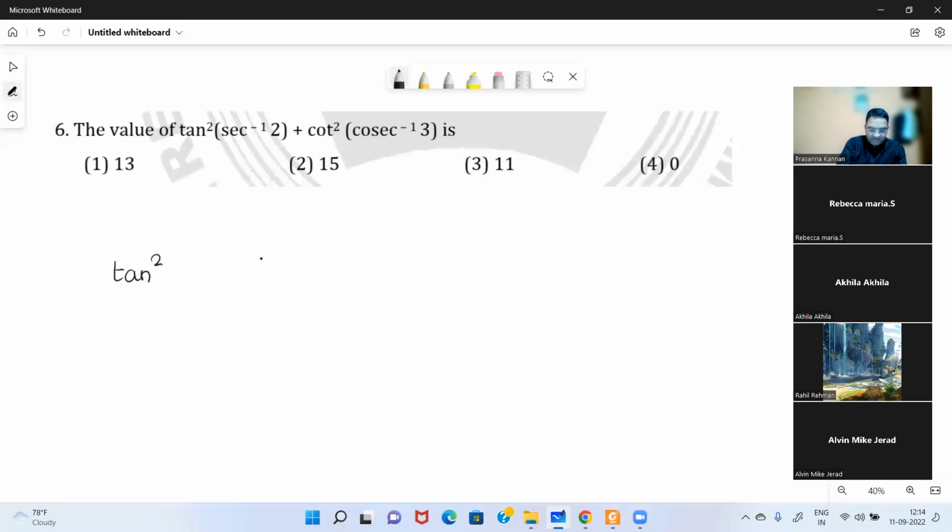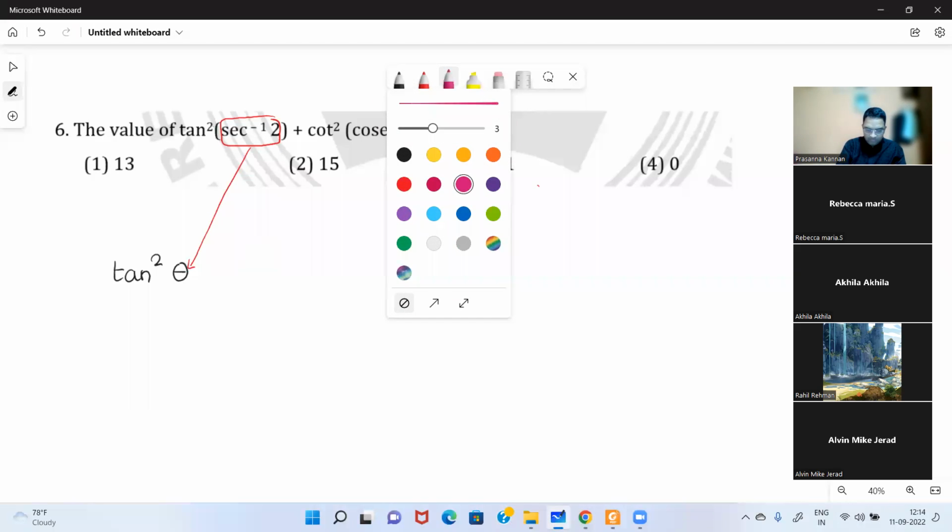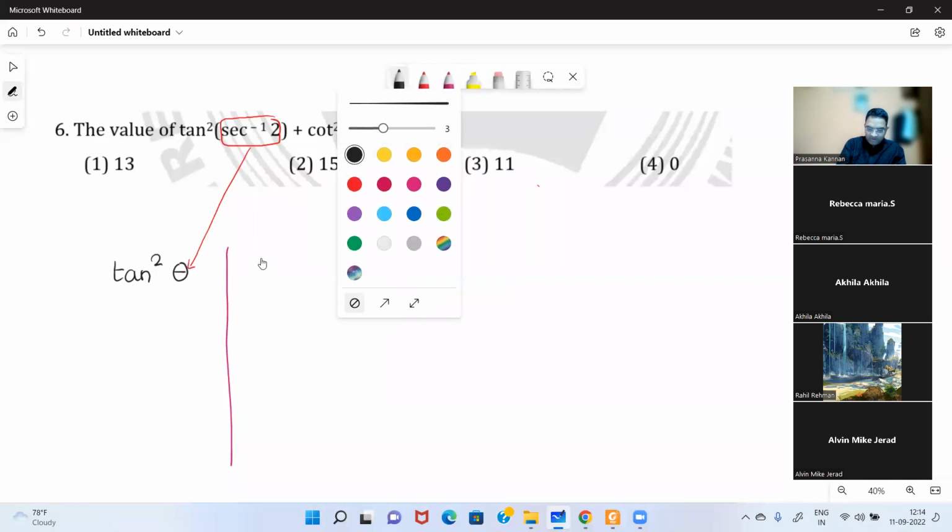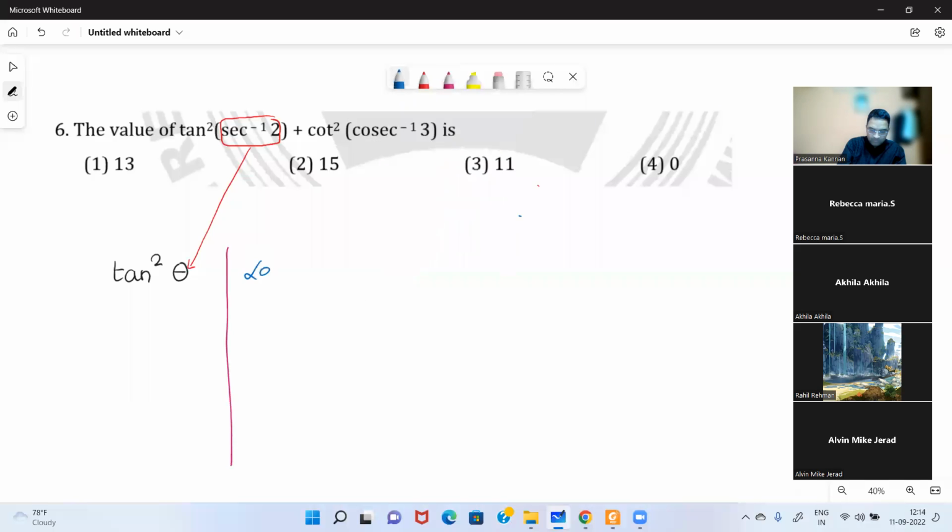Shall I take secant inverse 2 as theta? I have taken secant inverse 2 as theta. Clear? So let me write it here. Let theta be equal to secant inverse 2.